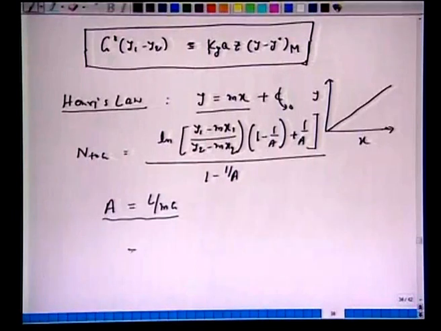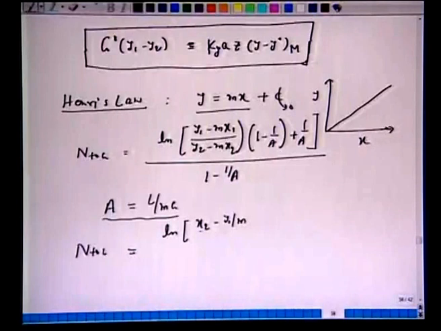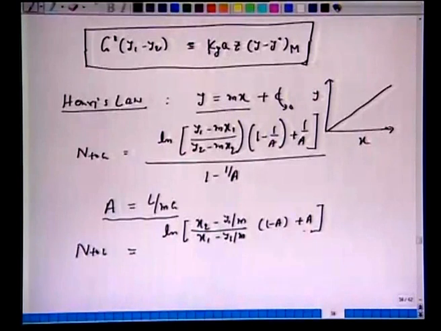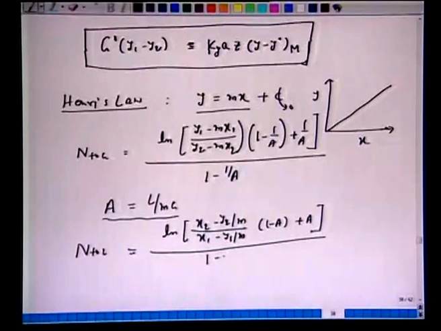Similarly, for the liquid phase NTOL, one can show you should obtain ln of [x2 minus y1 over m] over [x1 minus y1 over m], times 1 minus a, plus a, over 1 minus a.